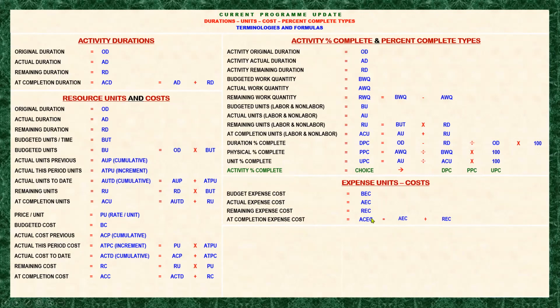Okay, next, we have the current program activity cost, expense, and percent completes. So remember what we were talking about previously. Here we are talking about the expense, and here we are talking about the resource, right? But here we are talking about the activity.